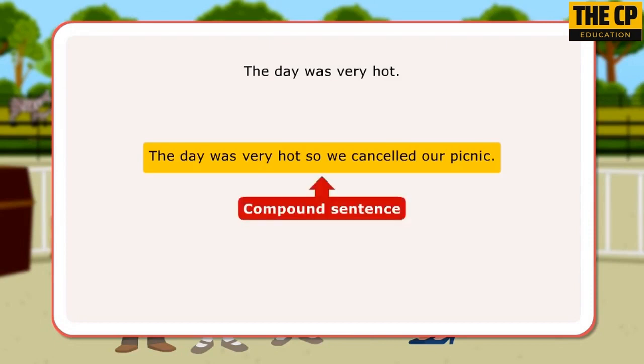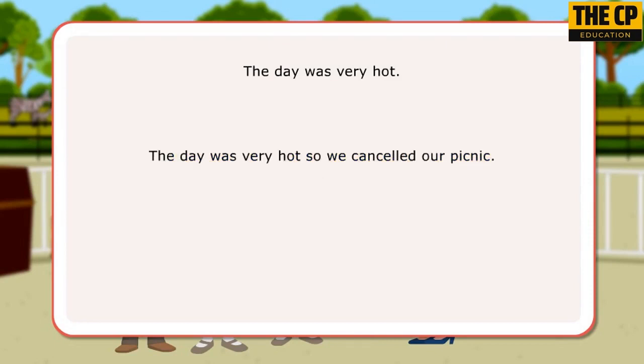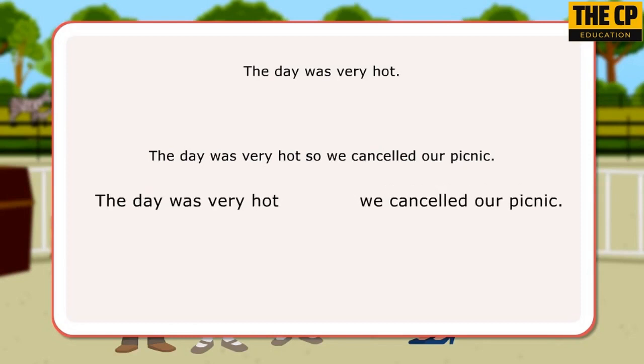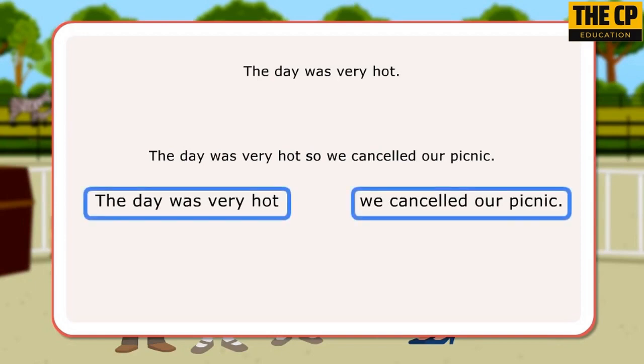The day was very hot, so we cancelled our picnic. Here, the day was very hot and we cancelled our picnic can both stand alone, separately, as independent sentences, each one expressing a complete thought, joined together by the conjunction so.